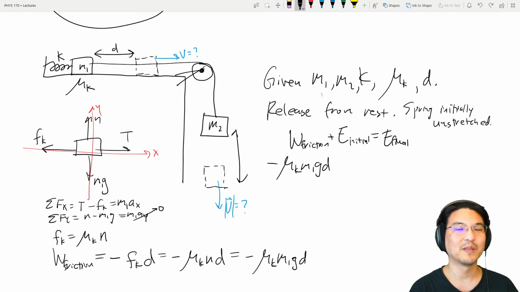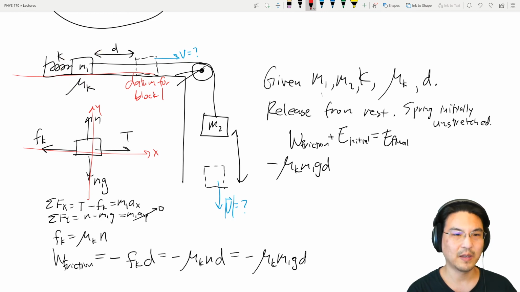Okay, what about potential energy, gravitational potential energy? Depends on the datum. So for block 1, what if I pick the datum here for block 1? Then it's at the datum, so the gravitational potential energy for this is 0. Okay, for block 2, I can pick a datum for block 2, a separate one. So we can either pick it here, or here, or here, it doesn't matter.